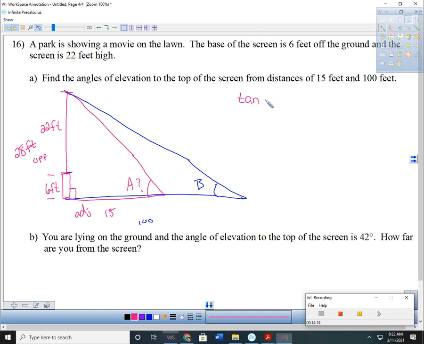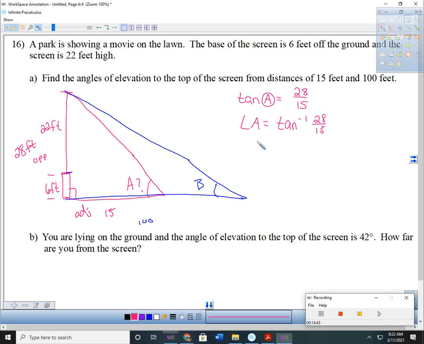So tangent of my angle is equal to the opposite side over the adjacent side, which is 15. And remember, to get to your angle right here, you have to do the inverse of tangent. So angle A is equal to tan inverse of 28 over 15. And I literally just plug that in.